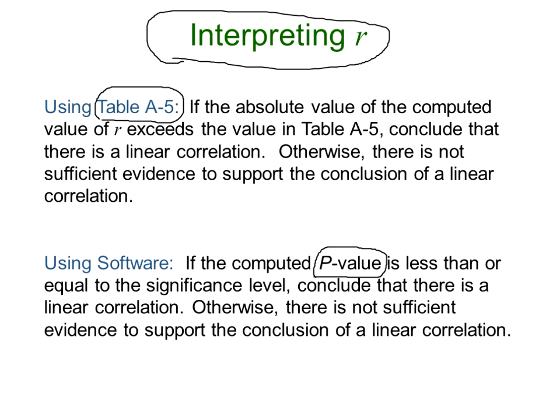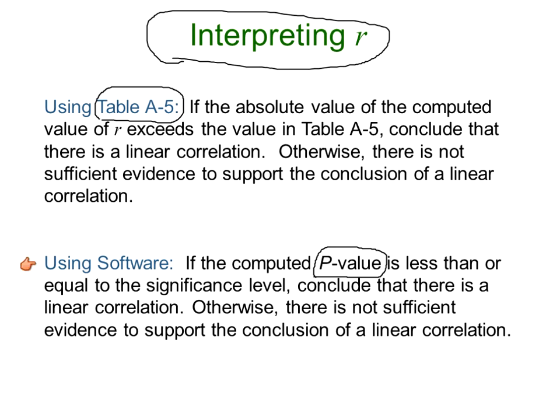So what we do is we go through a process of hypothesis testing. And in the traditional method of hypothesis testing, you're using critical values. So here our critical values are coming from table A5. And you would compare the value of R to your critical value from the table.